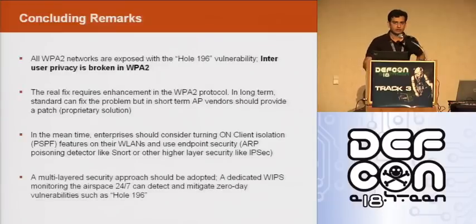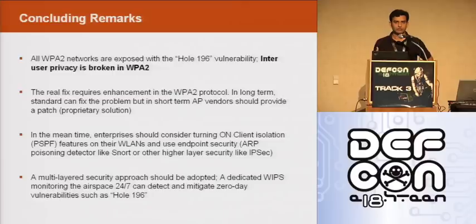So the final conclusion is that all WPA2 networks are exposed to Hole 196, and the inter-user privacy that was guaranteed is now broken in WPA2. The real fix is to fix this problem in the protocol. In the meantime, enterprises can think of using a PSPF kind of feature, but for endpoint security, you can use SNORT or IPsec.